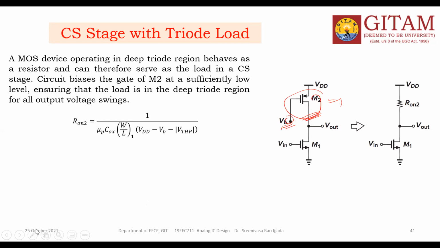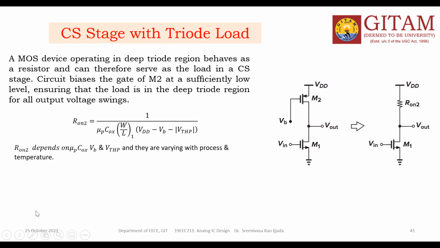So I hope you understand both the things. So R on 2, that means the on resistance of M2, depends on, from this equation I'm talking about, R on 2 depends on mu p, what? Mobility of the holes, COX, VB and VTHP.